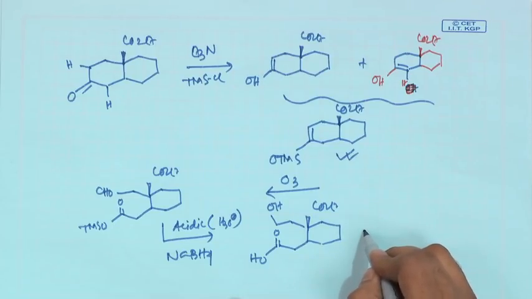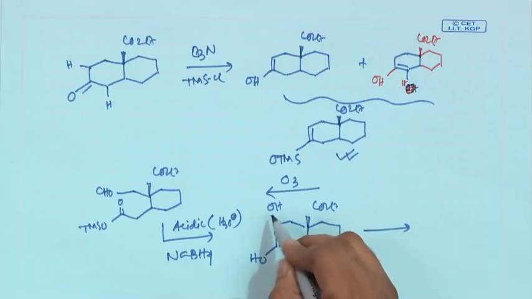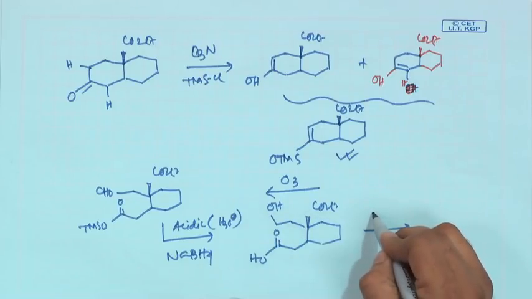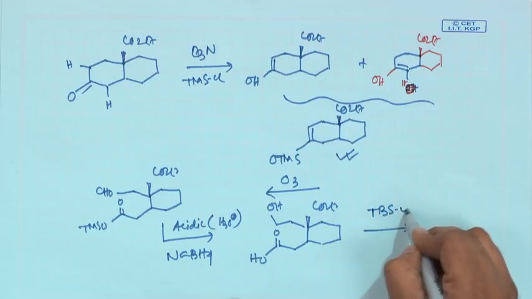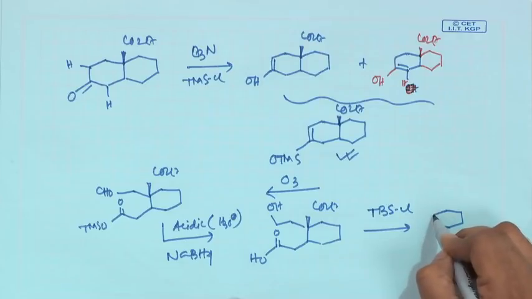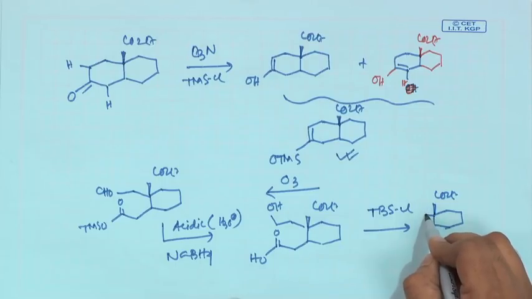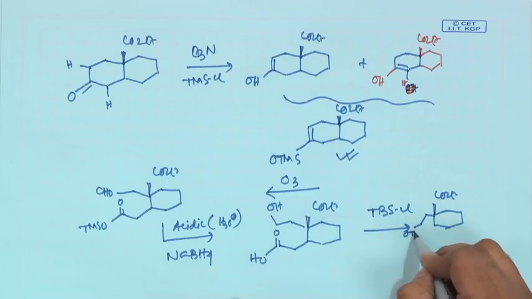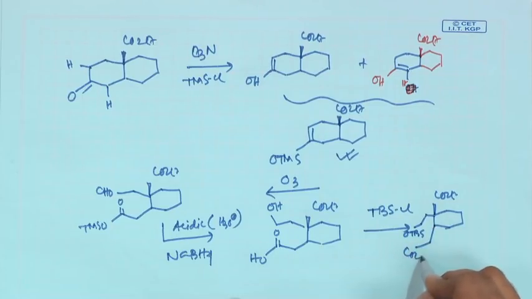Otherwise, let's protect this hydroxy group by, say, TBS chloride. That gives you CH2 OTBS, and this is your CH2 CO2H.